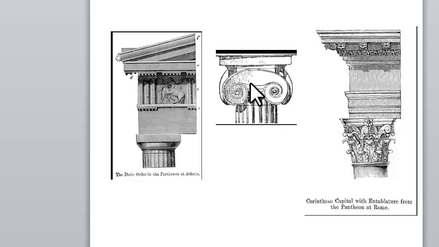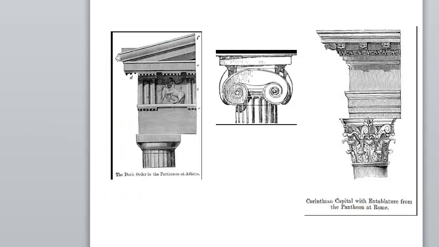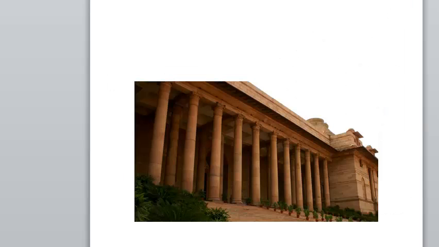You will find that in this photograph of the Victoria Terminus, I have shown you these pillars, and in the pillars these types of structures are there. This is the Doric, this is Ionic, and this is Corinthian. If you see the photograph of Rashtrapati Bhavan, the old Viceroy House, you find some patterns there. You just see the pillars.